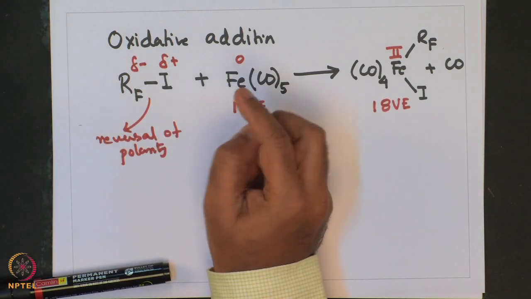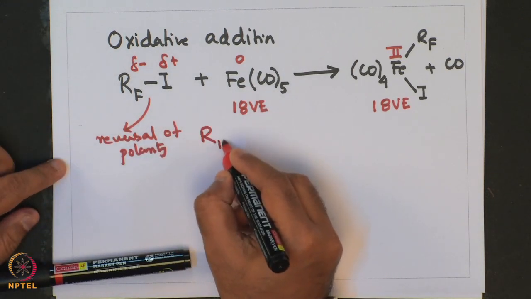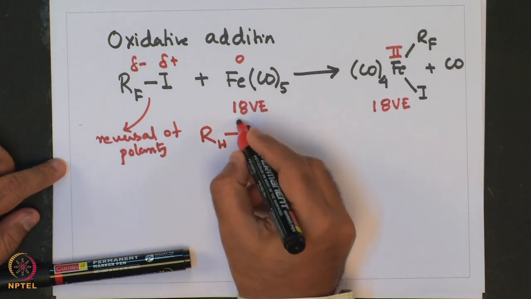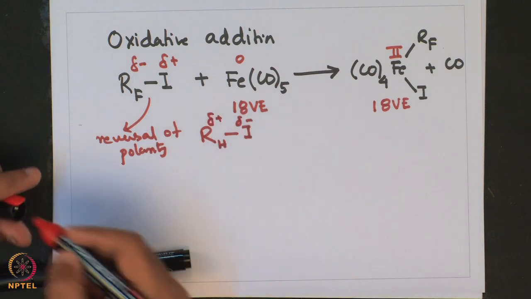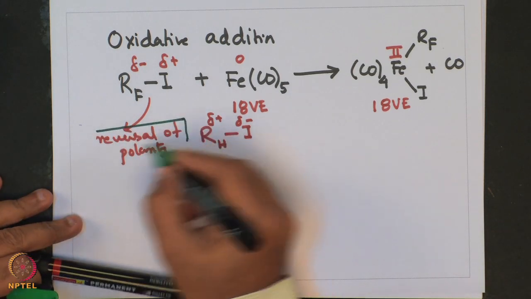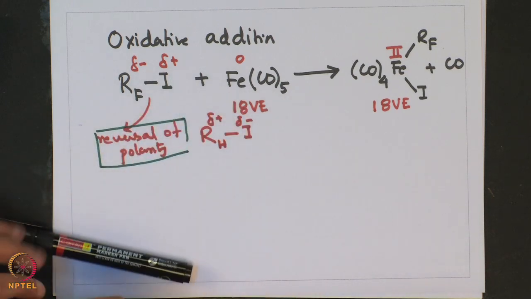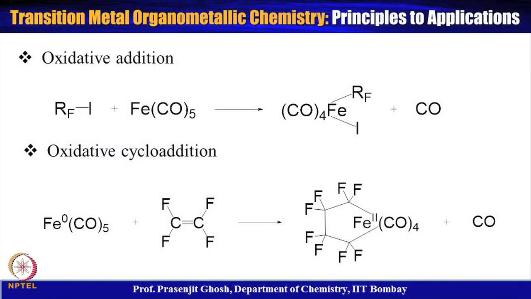This is very different from any alkyl iodide, where the iodide side would be negatively charged and the carbon side would be cationic in nature. So, we see that there is a reversal of polarity for these perfluoroalkyl type of compounds, and that has been used successfully in preparing these perfluoroalkyl transition metal sigma alkyl complexes through this method of oxidative addition.